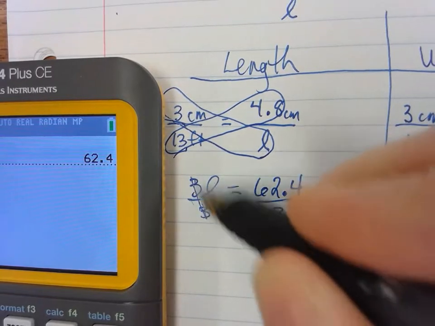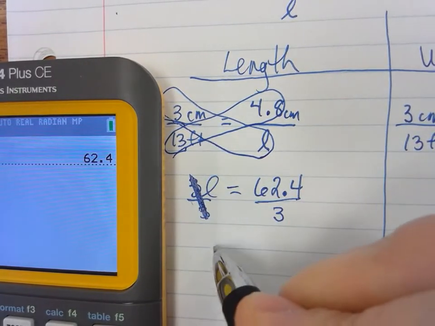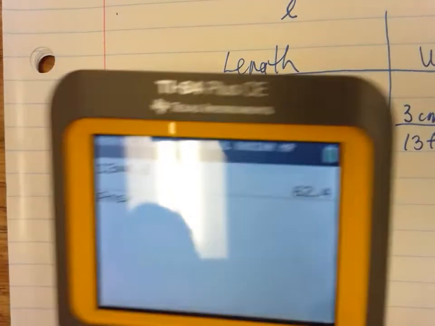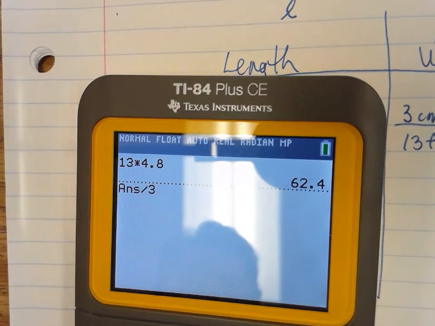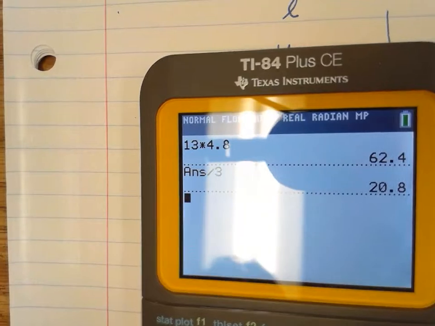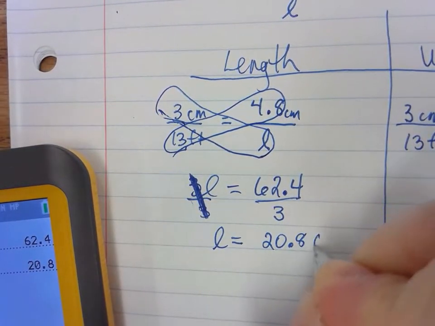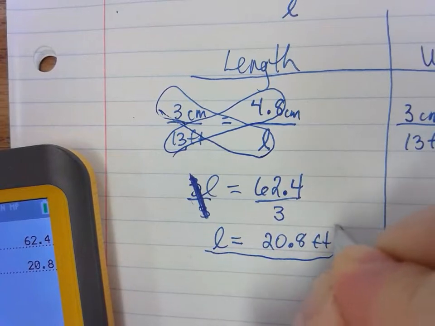So 3 divided by 3 is 1, so they cancel out. Now I'm going to find out what the real length of the room is in feet. 62.4 divided by 3 is 20.8. Y'all can see that right there, hopefully, 20.8. So that is 20.8 feet for the length.